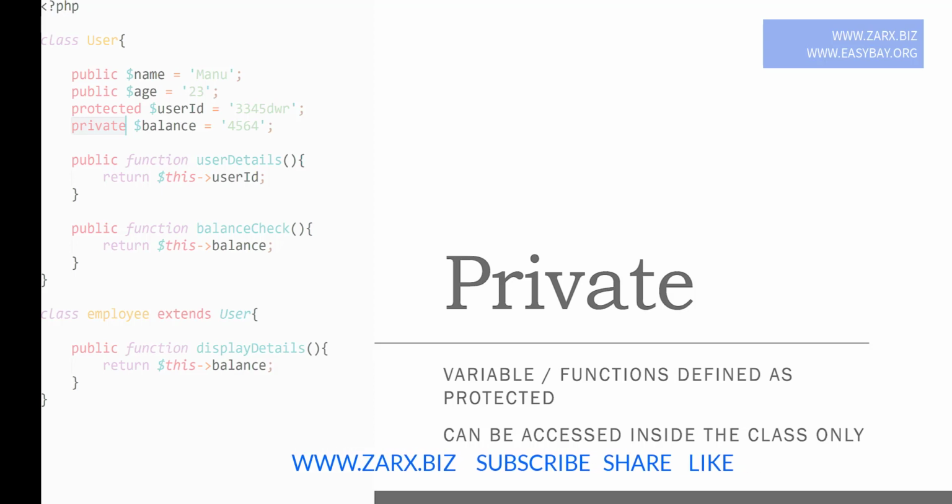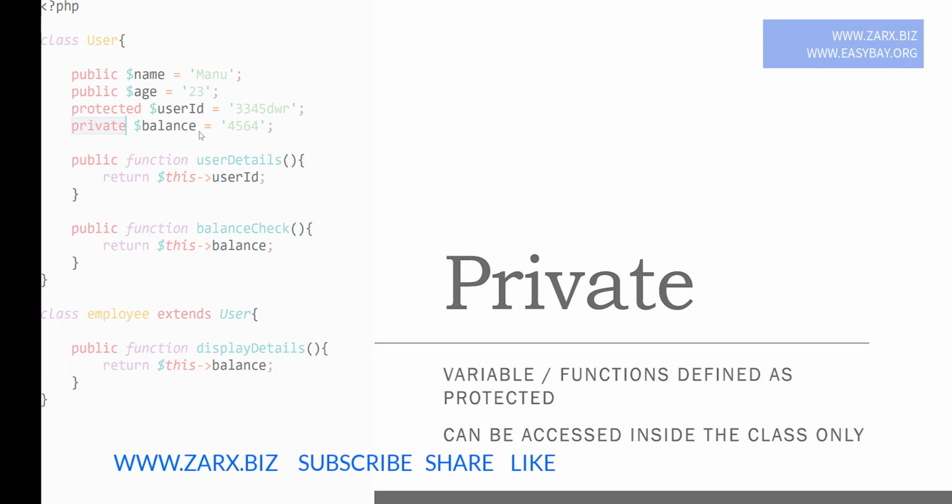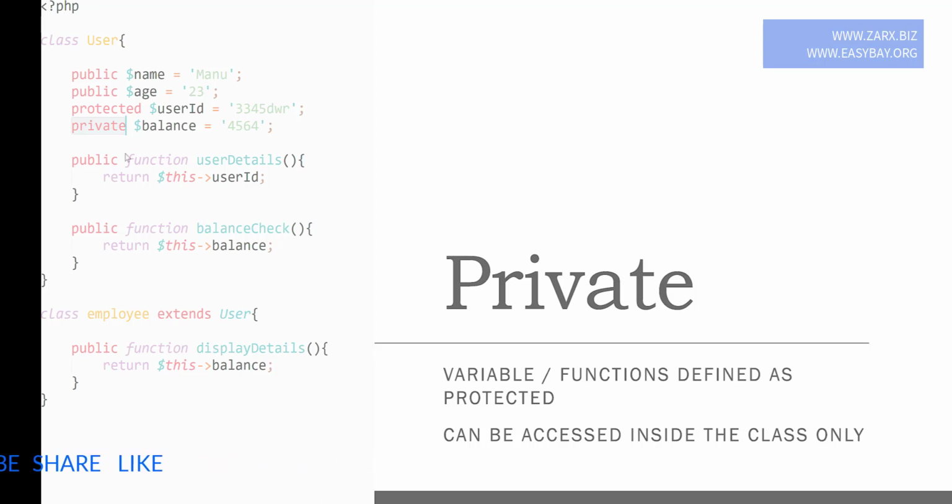So if I have this private balance here inside user class, we cannot use it inside employee class. We can only use it inside the user class, and we cannot use it outside these classes as well. So it is limited to the class only. If there is any value you want to make sure no one can access outside, you define it as private.